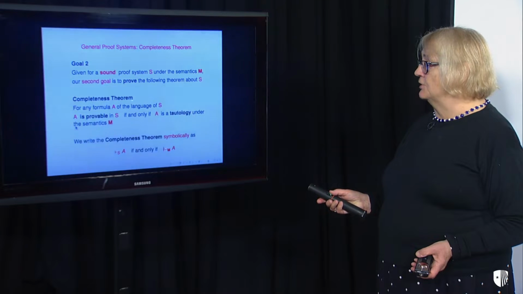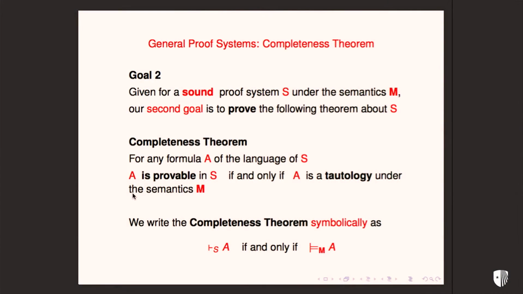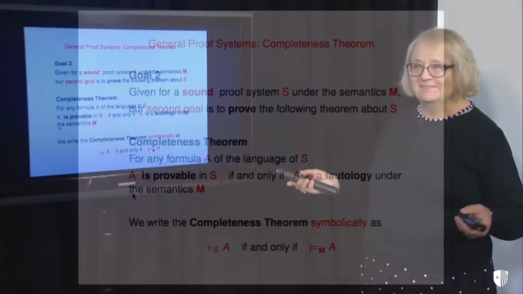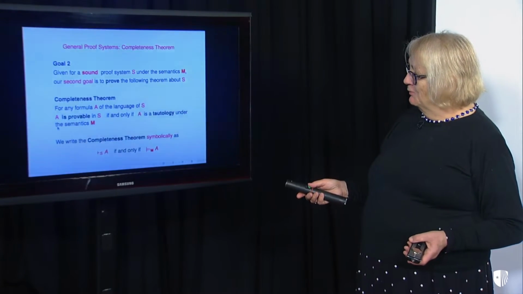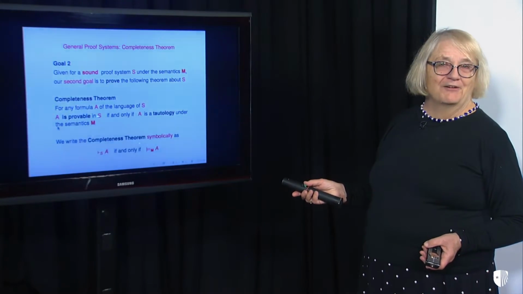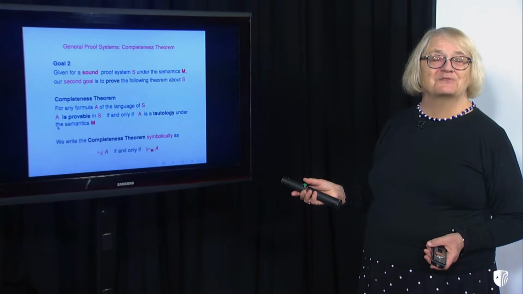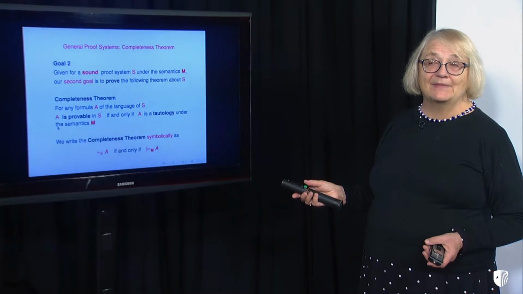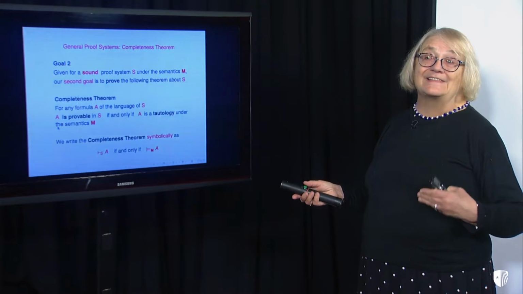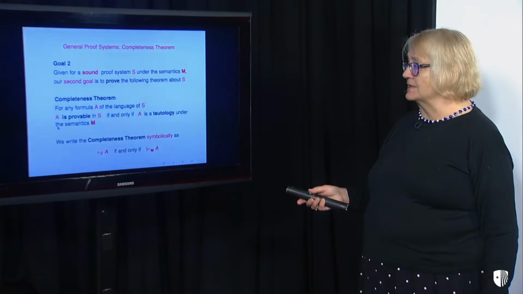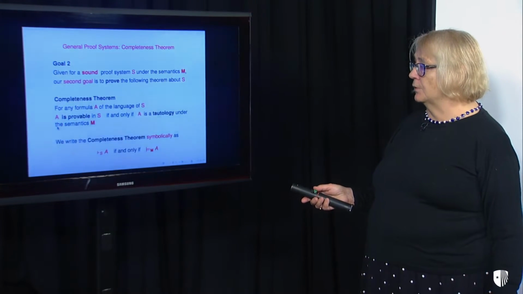And we will be spending the rest of our course on proving completeness theorem for different proof systems under different semantics and developing different techniques to prove the theorem. That's why we talk about it already now.